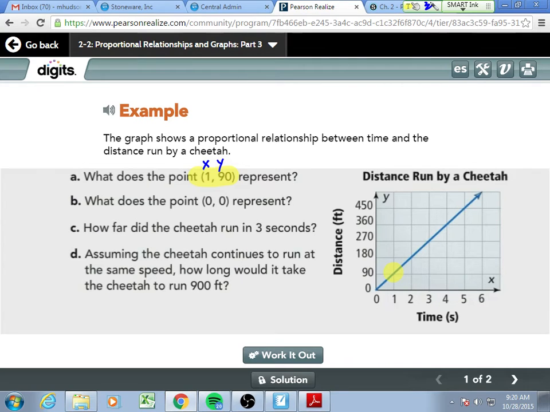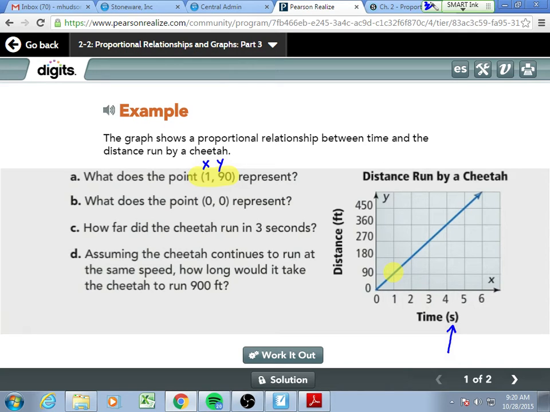Yeah, what was that, Divine? Time. How many minutes, seconds, hours? What's time measured in here? Well, what would this stand for? Seconds. So that tells me 1 is after 1 second. Well, what does the y represent? 90.